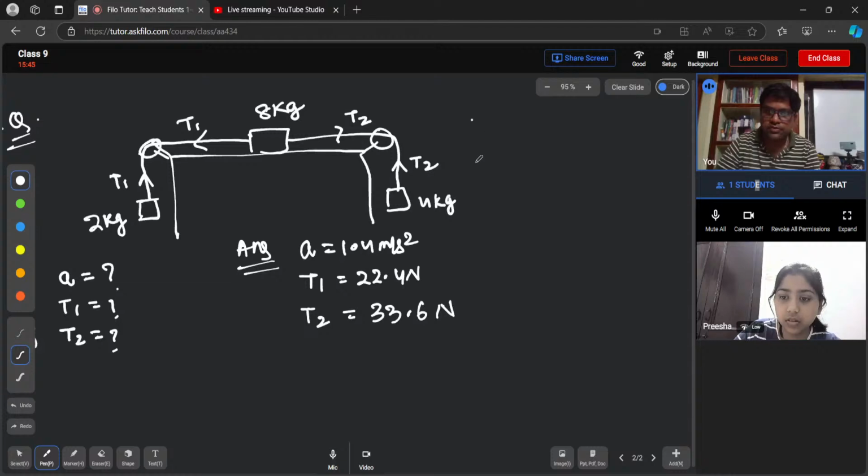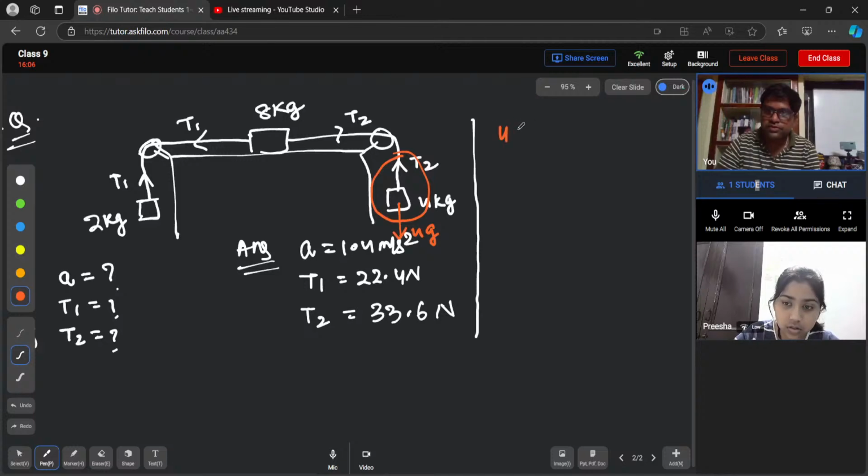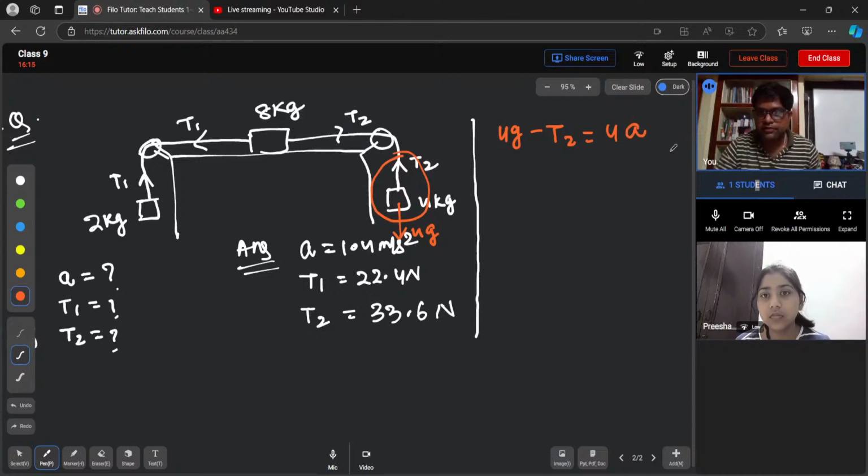The equations will be, for this mass, mg downward, so we'll write 4g. mg means 4g is the weight, so 4g minus T2 is ma, net force equal to ma. This is the first equation.